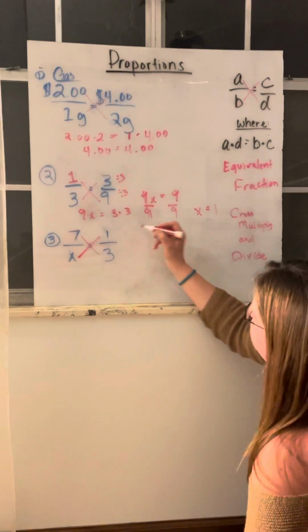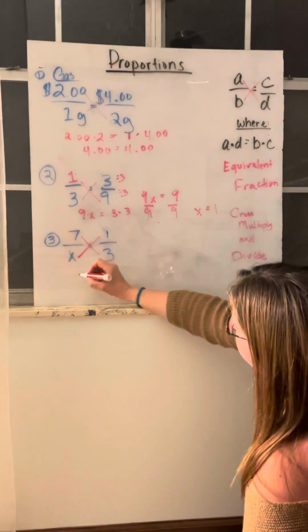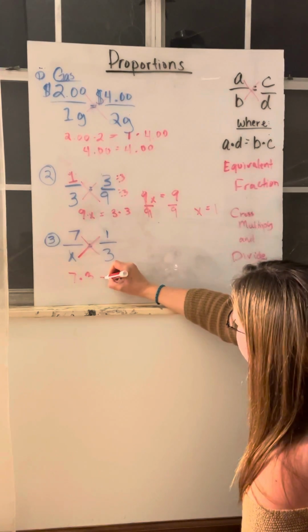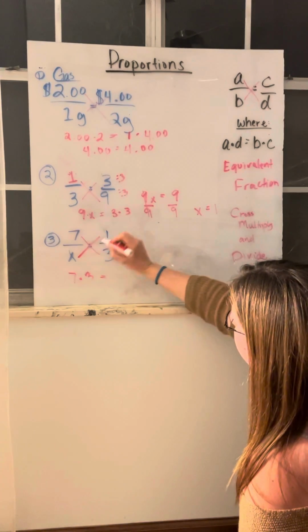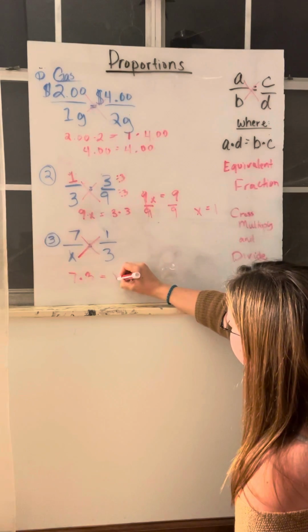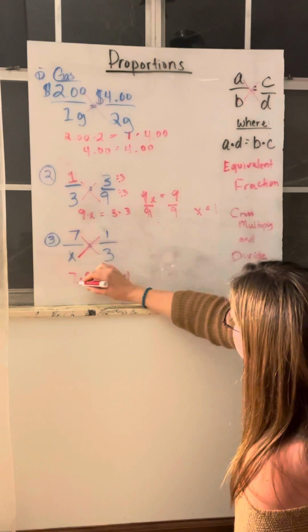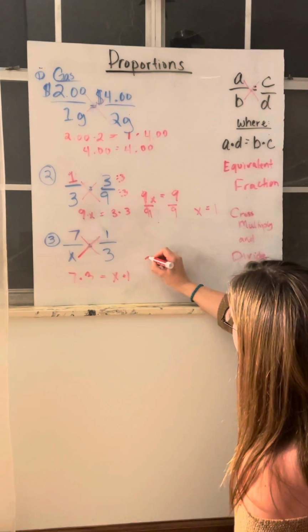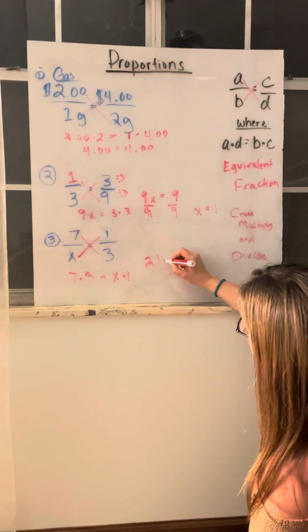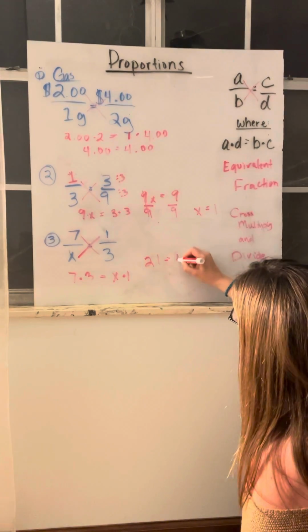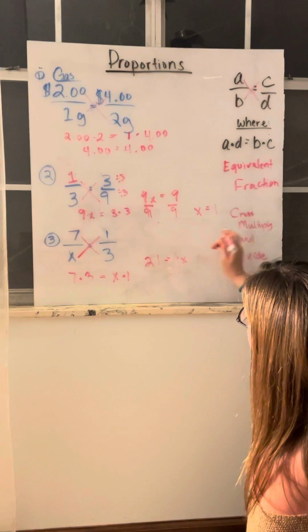So I'll just start with the top again. 7 times 3 equals, then I'll do the bottom, x times 1. I want to rewrite that as 7 times 3 is 21 equals x times 1 is 1x or just x.